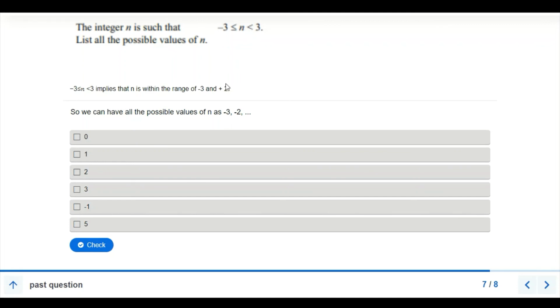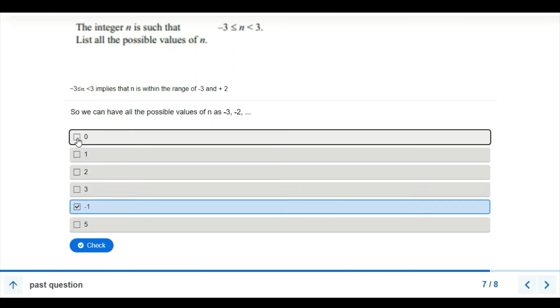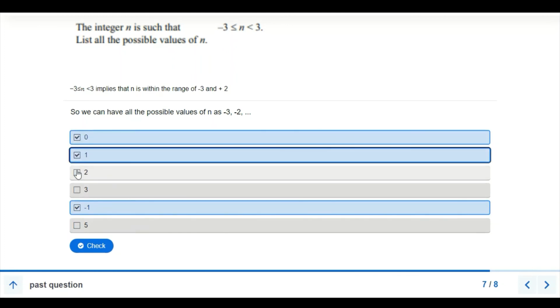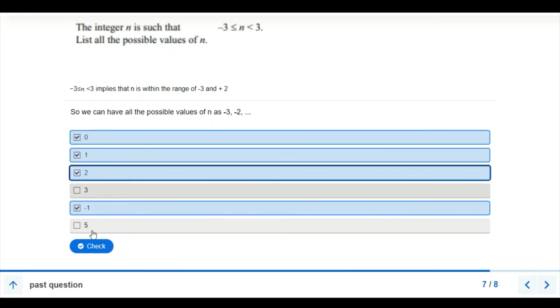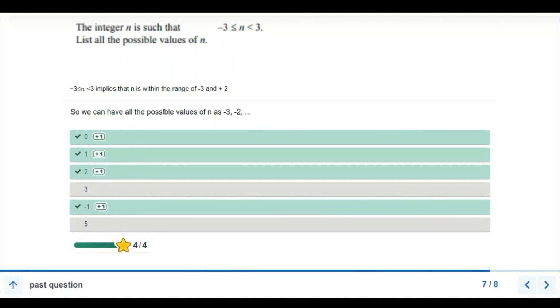So we have listed -3, we've listed -2. So let's look at the remaining values. We have -3, -2, then -1, then 0. After 0, then we have 1. After 1, the next value that we have is 2. So I think those are the values for these inequalities.